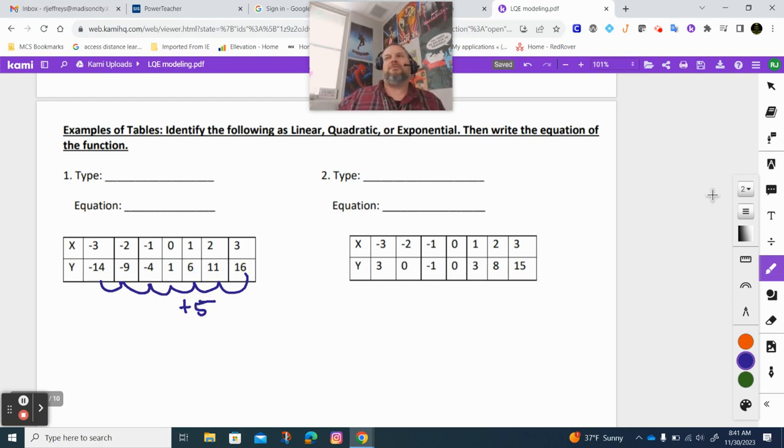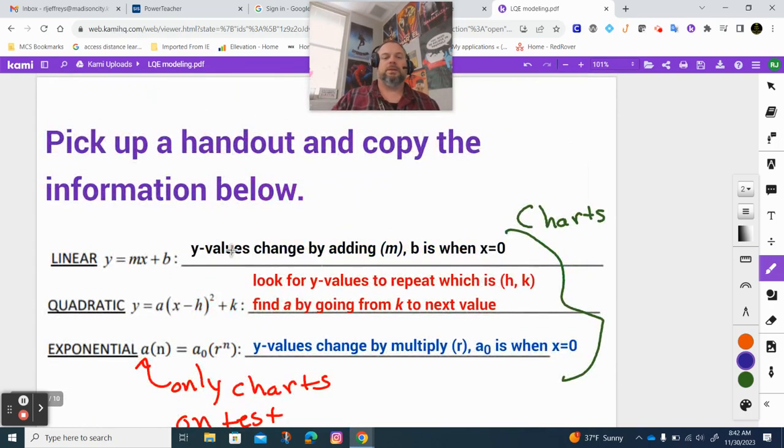So what function is it when our y's are adding? Linear. It's on the top of the sheet, kids. Y values change by adding.